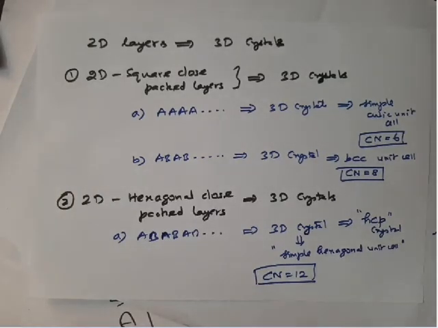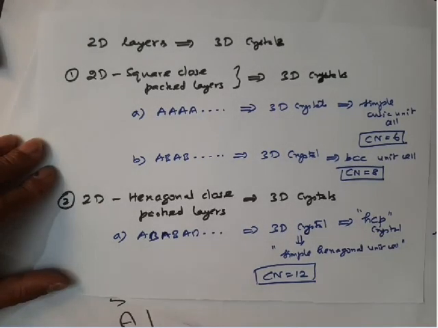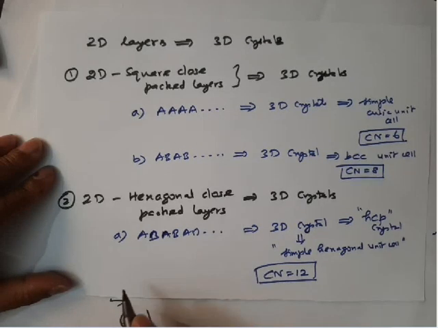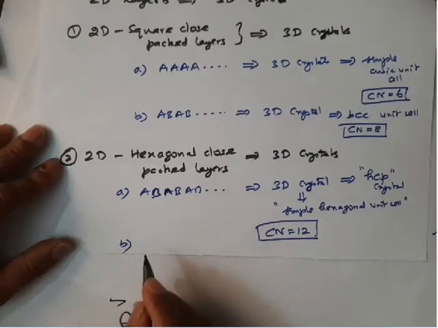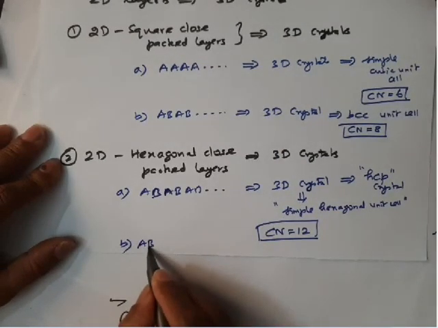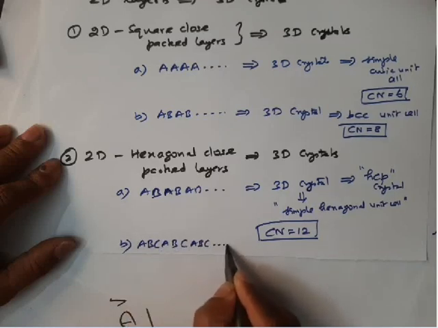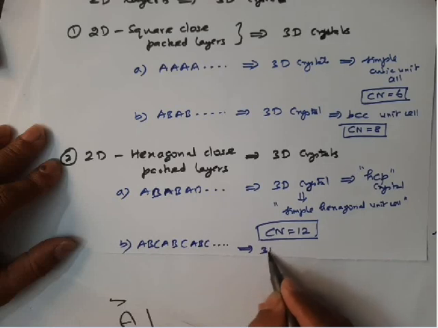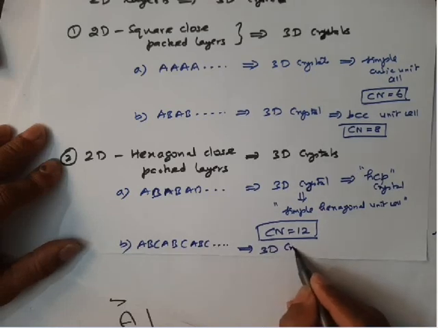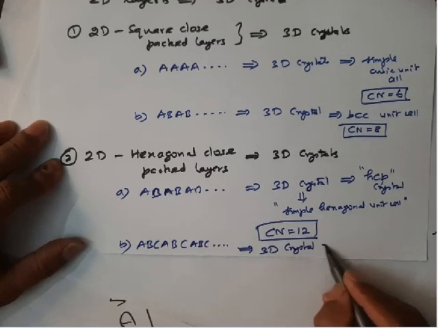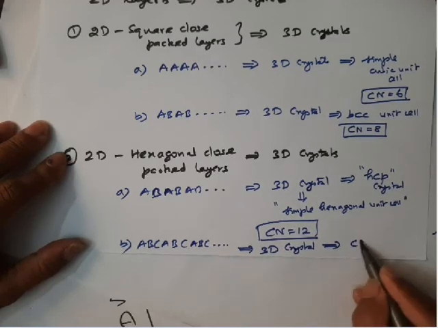Then we have one more type. Let me write in the next page. If you arrange the layers as ABC, ABC, ABC type of arrangement, you will get a 3D crystal. That 3D crystal is called as CCP crystal.